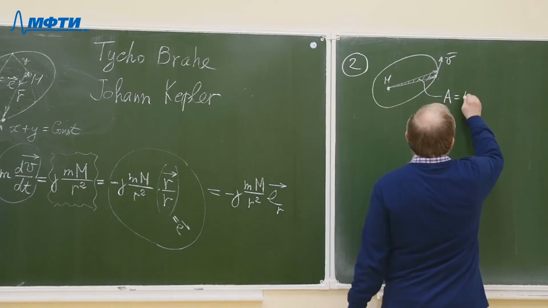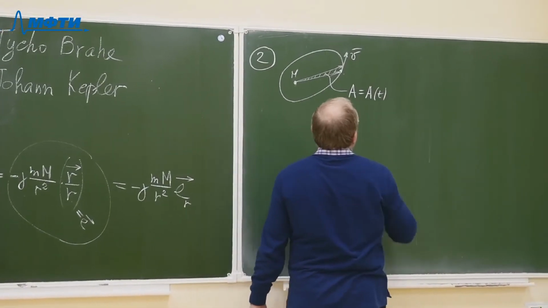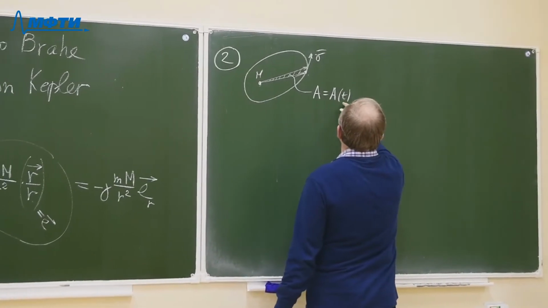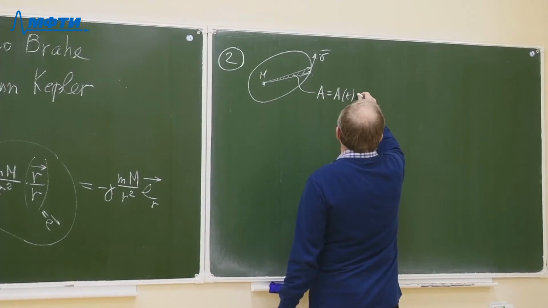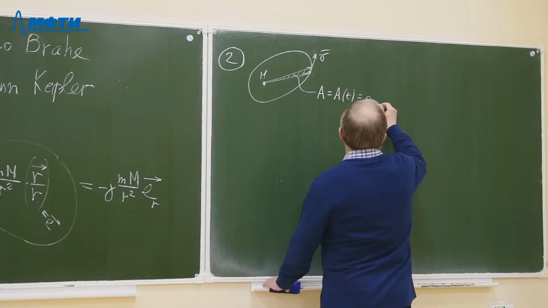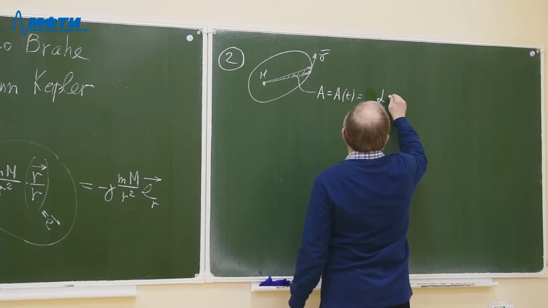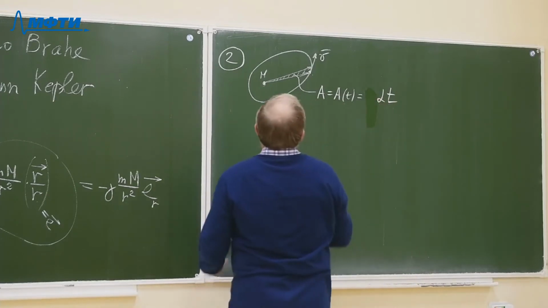It is a function of time. And according to the second Kepler's law, this function of time is a linear function with some constant. It's not the velocity of light, it's just some constant, let it be alpha t. This area is proportional to time.